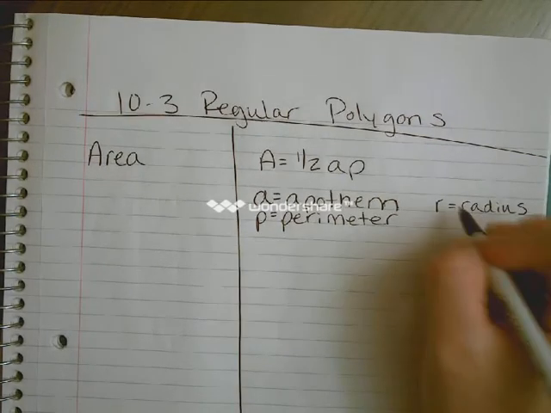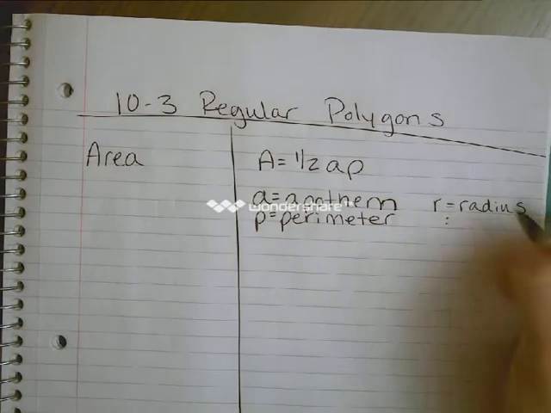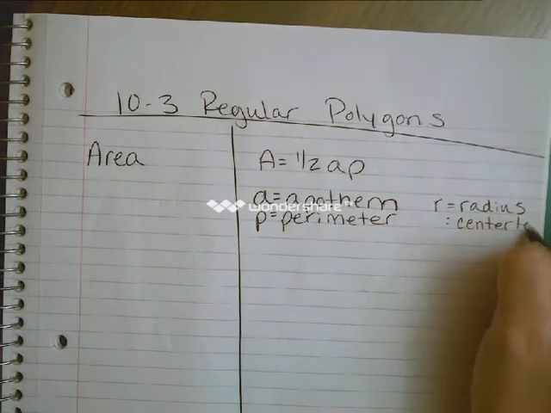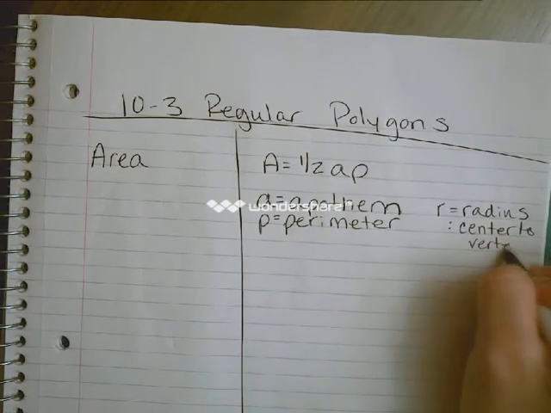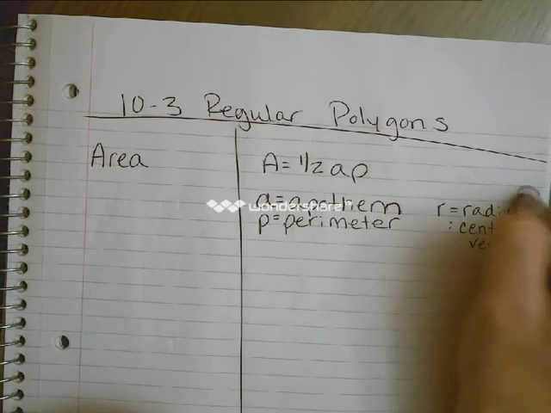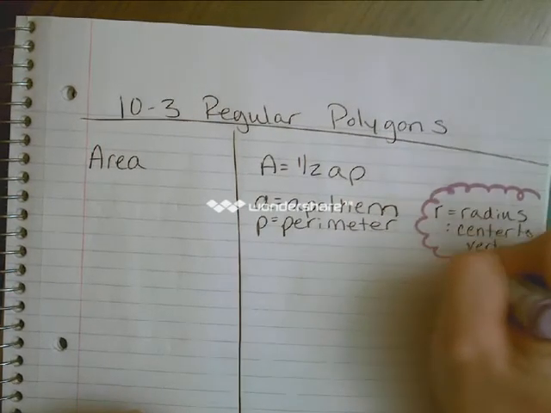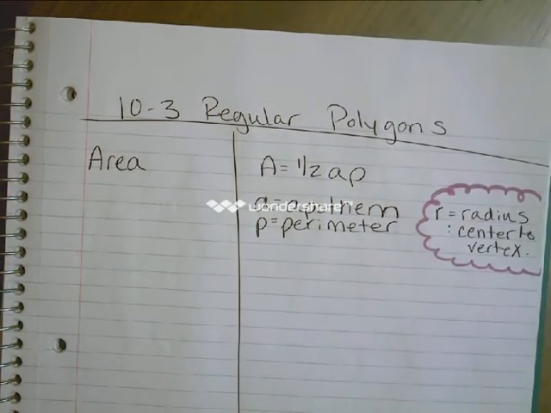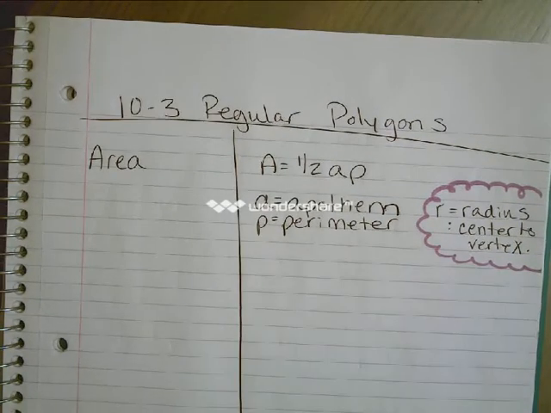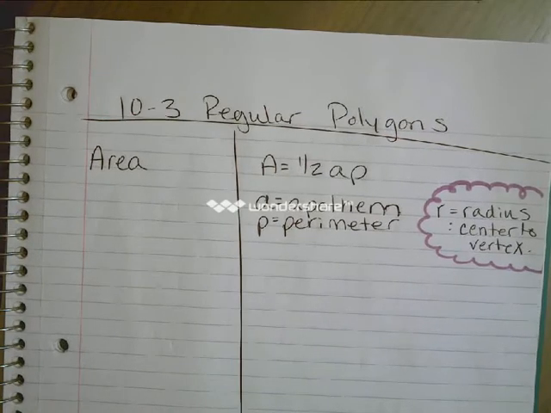A radius in a regular polygon is from the center to a vertex. Okay, so not that this is extremely important, but vocab is extremely important. So you need to make sure you understand when I say radius, what distance I am talking about.